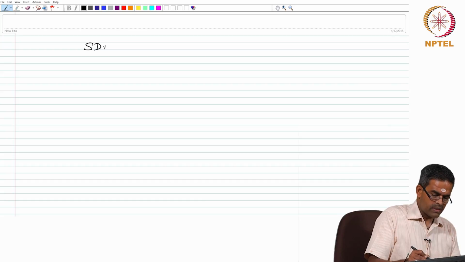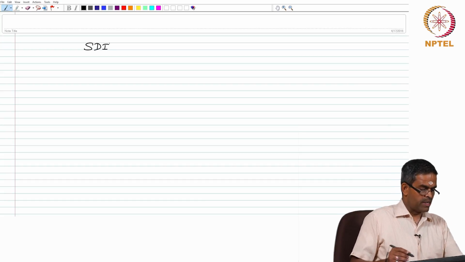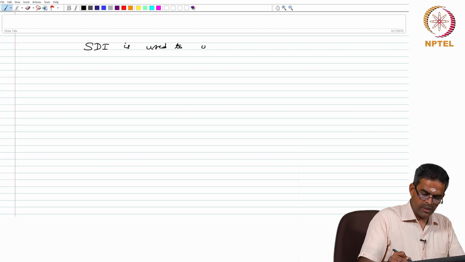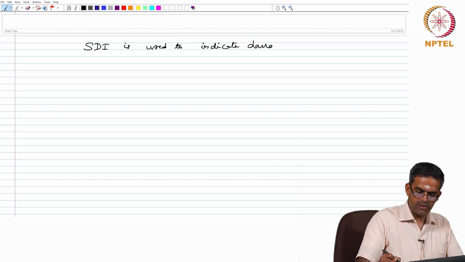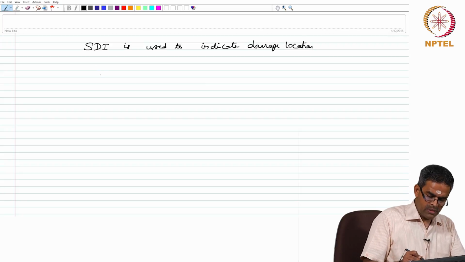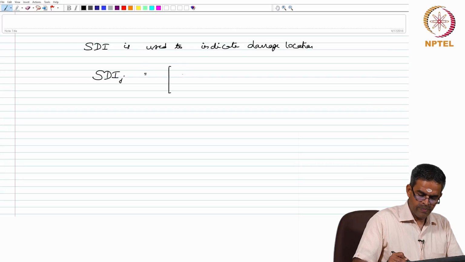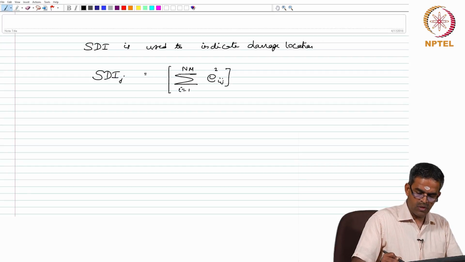SDI, that is single damage indicator, is used to indicate damage location, that is why it is called indicator. SDI_j is given by the algebraic sum of i equals 1 to number of modes, E_ij square to the power minus half.